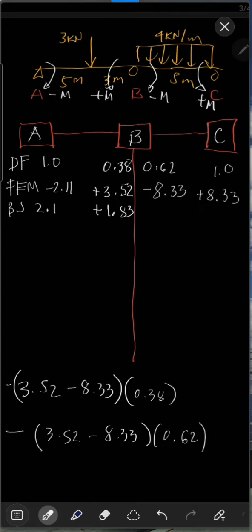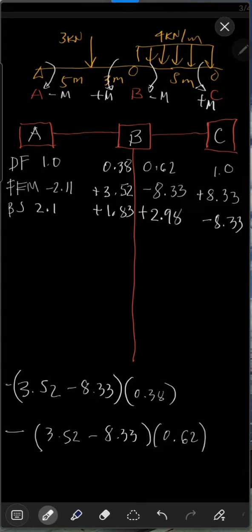So you have a positive 2.98. Then fixed end moment 8.33 times 1 is still 8.33. Then change the sign, we have negative 8.33.